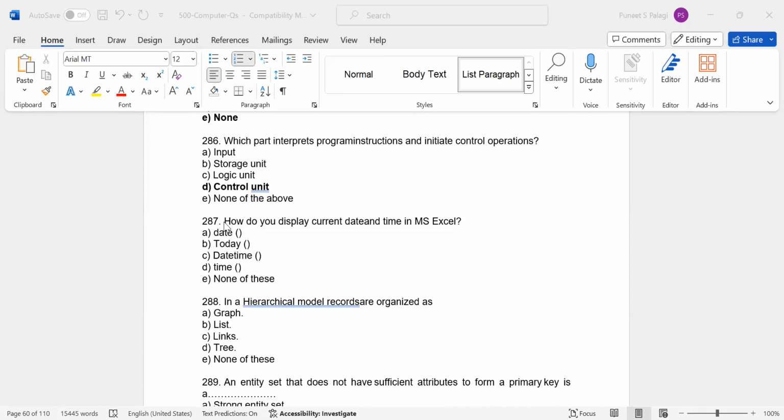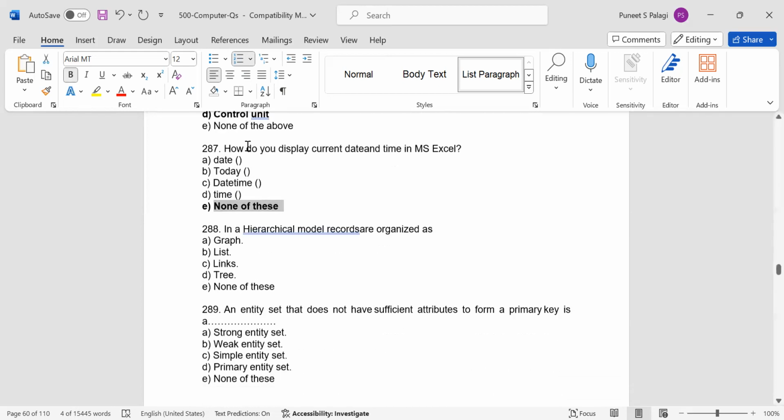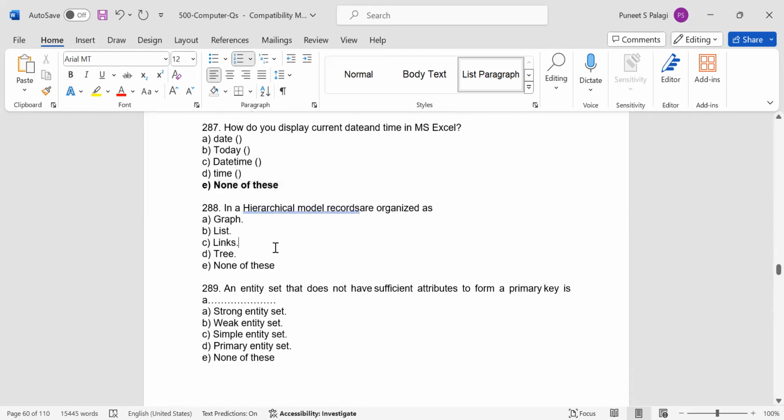It is none of these options. In a hierarchical model, records are organized as... it is option D.